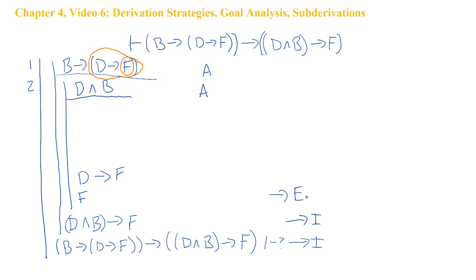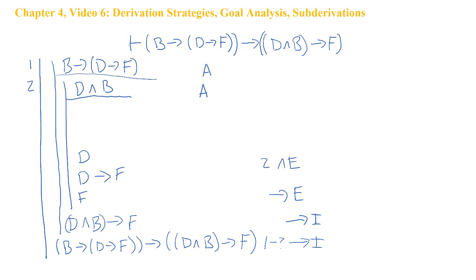But in order for that to work, I'd need to have the antecedent D by itself. That is, if I can get D by itself, it can be used with D arrow F and arrow elimination to get me my F. So that's the strategy we're pursuing. Now I can see very quickly that the D will just come from line 2 by conjunction elimination. So I might as well just write that in over here.